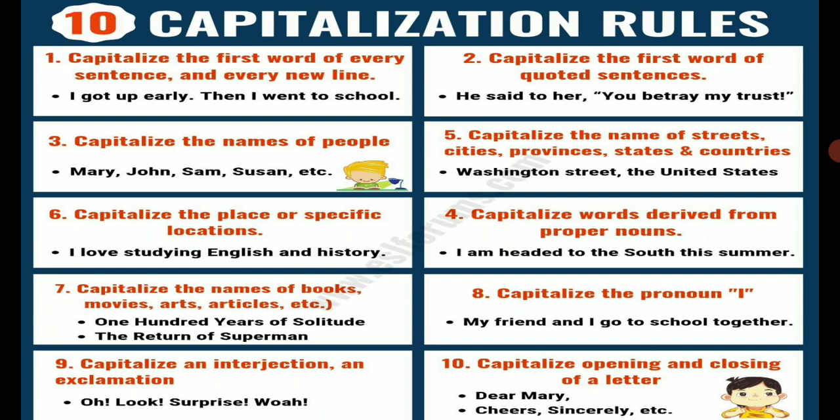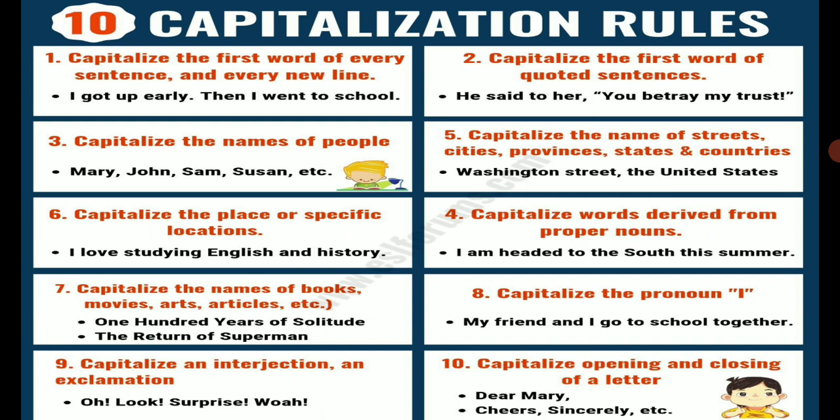Then the second rule is capitalize the first word of a quoted sentence. When you are speaking about some third person to the second person, the quoted sentence is there, and the first word of the quoted sentence will be capital.